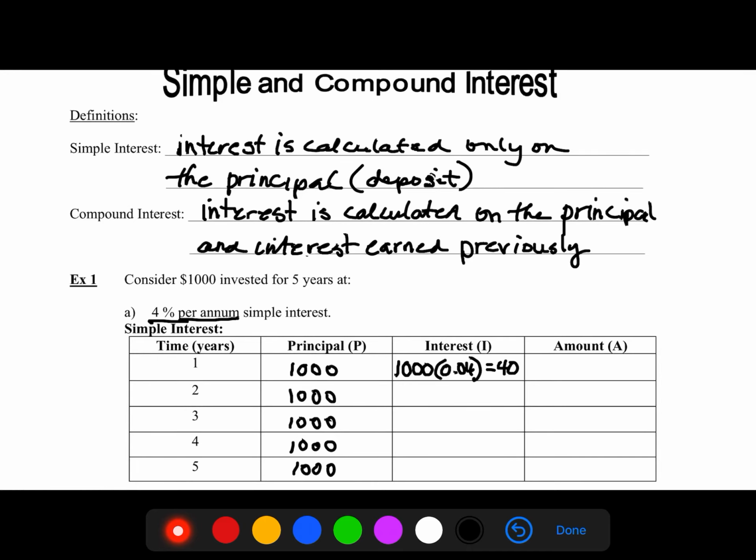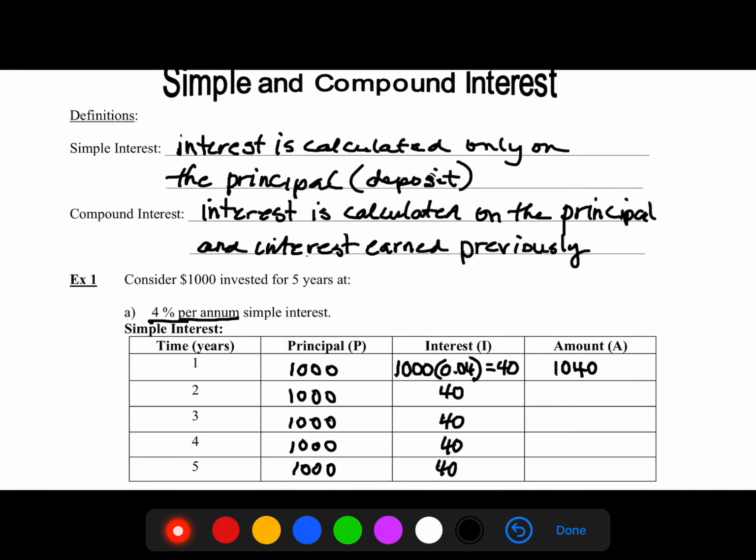Interest earned, we can calculate, remember we're going to change our 4% to 0.04, and when we do that, we're going to get $40. And at the end of the first year, that means that we have $1,040 in the account.